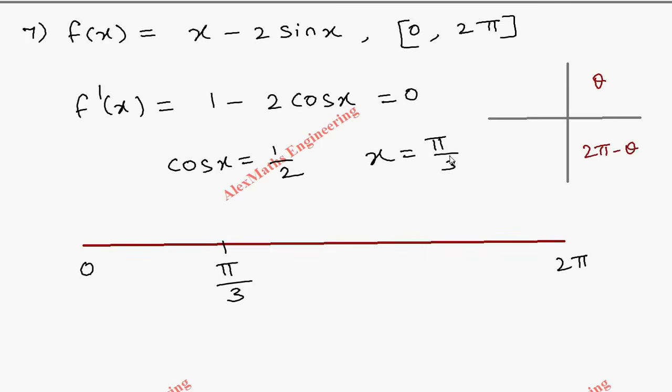So the other value of x will be 2 pi minus pi by 3. By taking LCM and simplifying, 6 pi minus pi is 5 pi by 3. So we get two critical values, pi by 3 and 5 pi by 3, and we plot them on the number line.